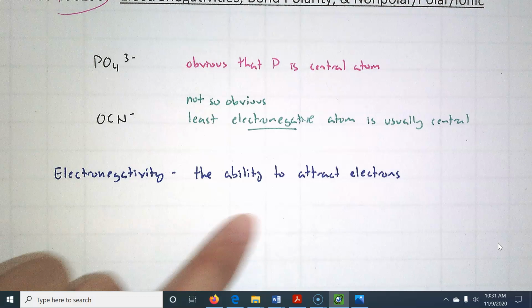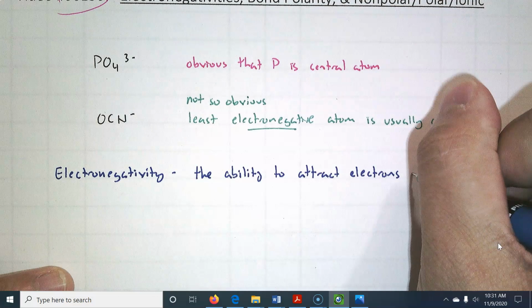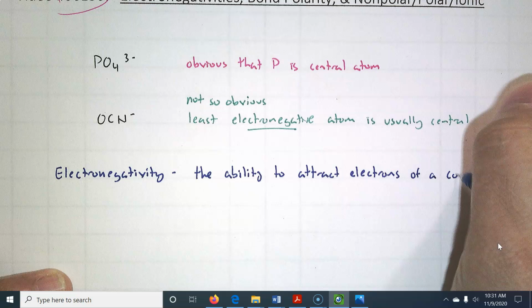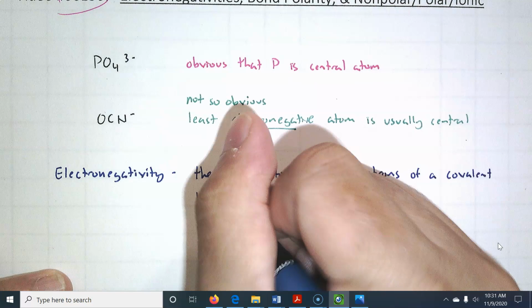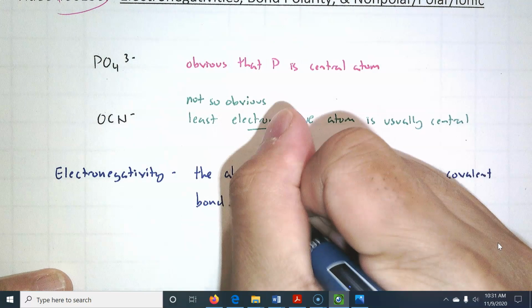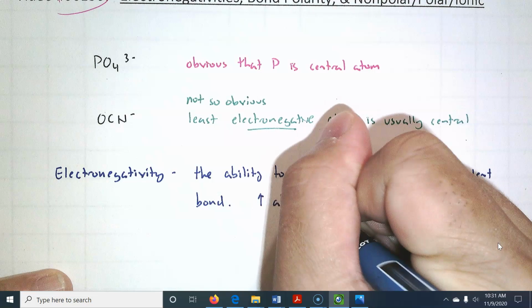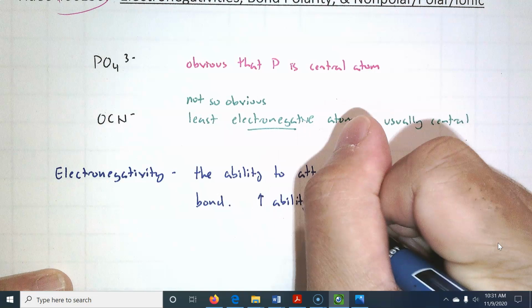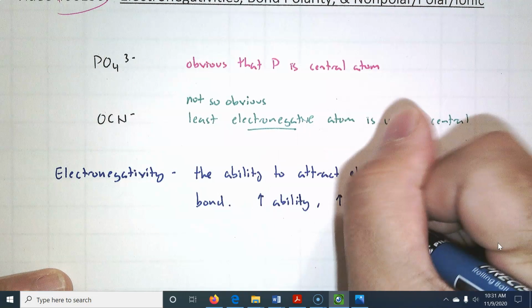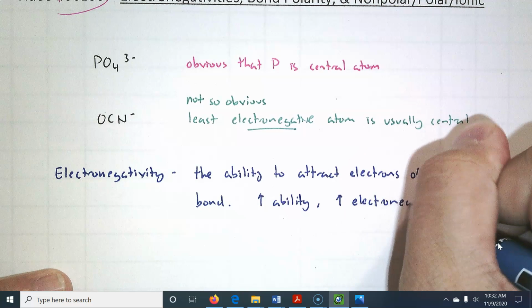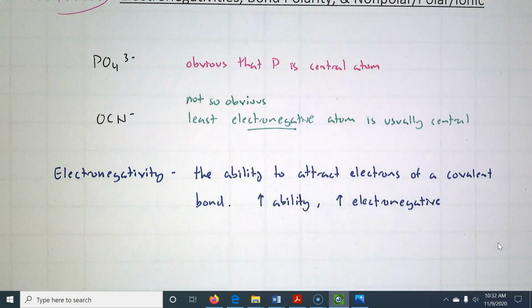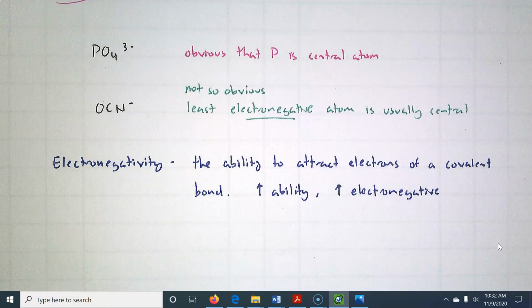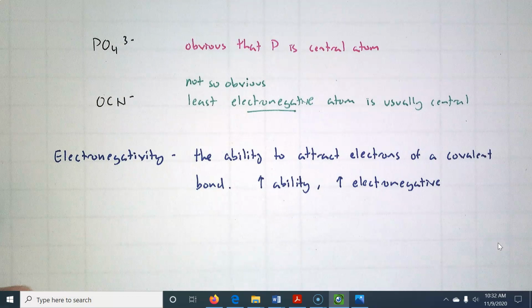So the ability to attract electrons of a covalent bond. The higher the ability, the higher the electronegativity. And we're going to see a table called the Pauling electronegativity table in just a bit. You don't have to memorize these numbers, but there are a couple of elements that you want to know about.